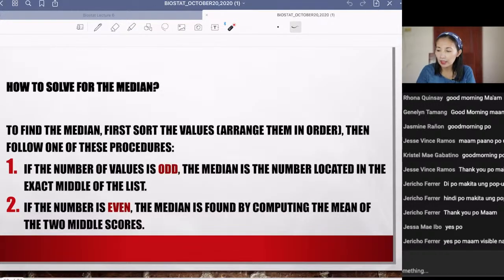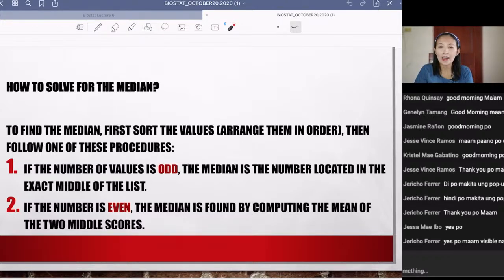Okay, once again, if odd, the median is the number located exactly in the middle. But if the number of cases is even, there will be two values at the middle. For example, if you have 10 values, the middle values are the 5th and 6th.